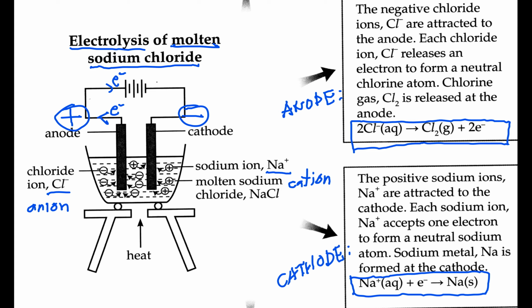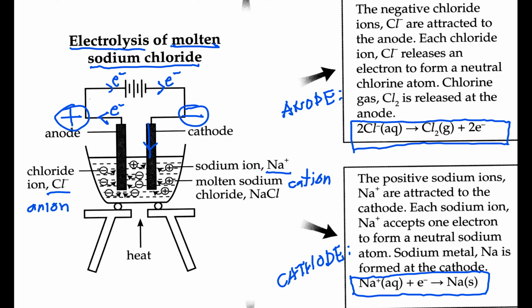So the electrons are pumped out by the battery from the negative end of the battery to the cathode so that it can be combined with the sodium ions to become sodium atom.